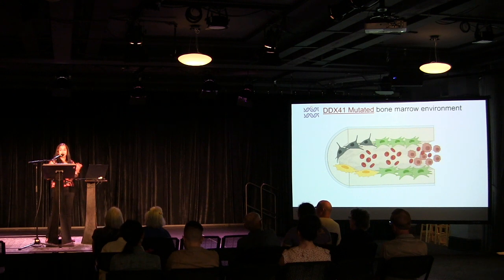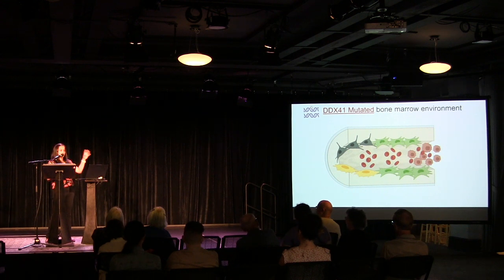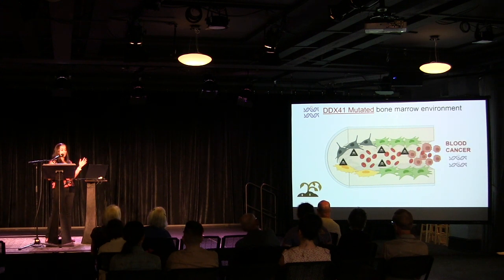So one idea that I think may be at play is that in the case of a DDX41 mutated bone marrow, remember that the inherited mutation is basically present in all the cells in our body. So all of these bone marrow environment cells will all have the mutation. So my hypothesis, which is basically like an educated guess or claim from past scientific data, is that these mutated cells, the growth factors and environmental cues that they release basically end up being corrupted, and they could possibly corrupt the blood cells that are growing in the environment, leading to blood cancer.